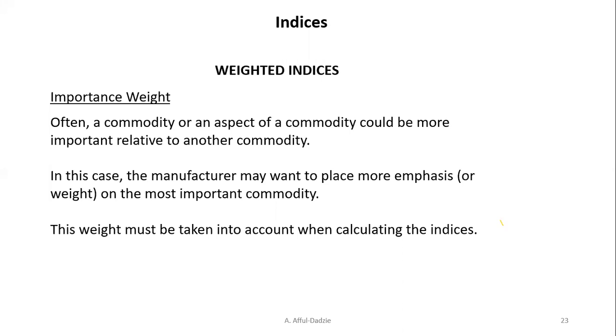In these instances, if we can attach importance weights, they will be added to instances where we see that significant differences exist and we need to account for these differences.